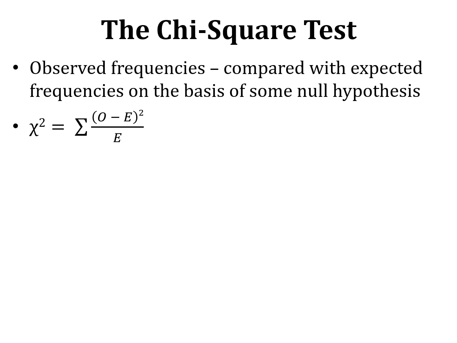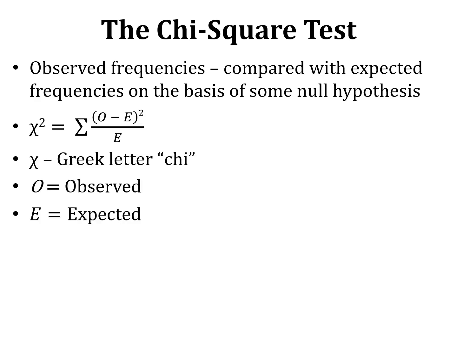This is a simple calculation, and this is not the letter X, this is the Greek letter chi. O means observed frequencies and E refers to the expected frequencies.